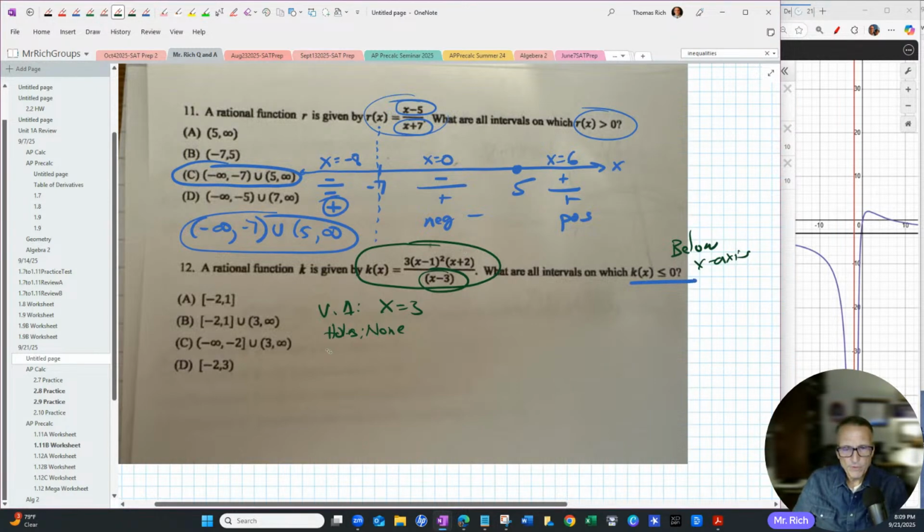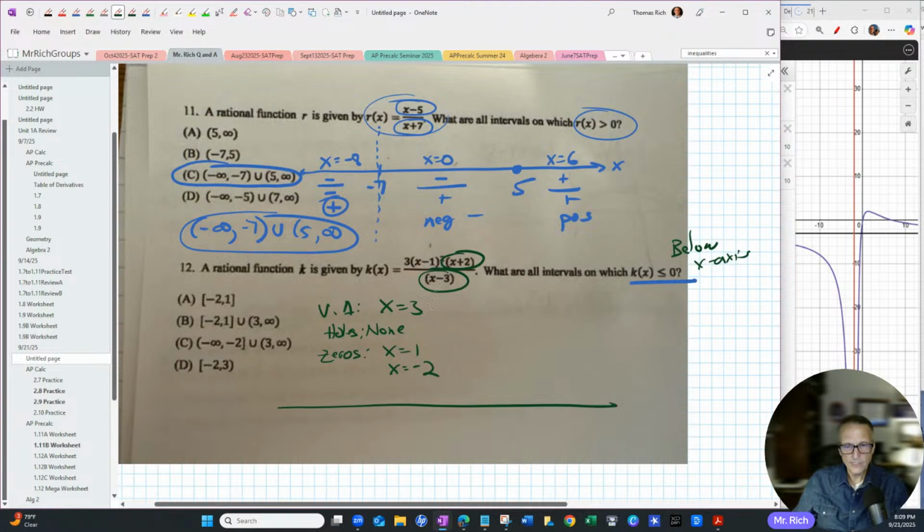But we do have some zeros, a place where the function will touch the x-axis. It's going to touch the x-axis at x equals 1 because of the x minus 1 factor right there, and it is also going to be at x equals -2. So that gives me 3 values that I'm going to plot along the x-axis, in order, right?